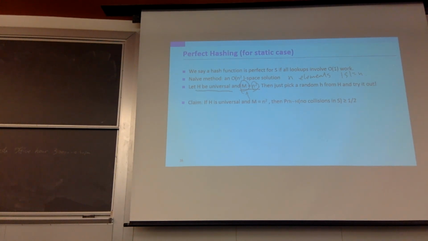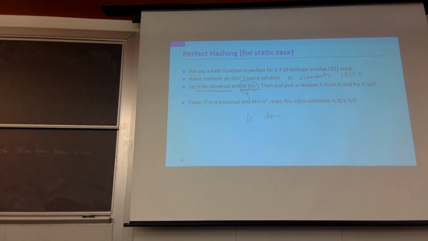However, if you are unlucky, like you throw a dice and it's the other half of the probability space, you do end up with some collision. What you can do is just try again and pick the next one. Say you have k trials.